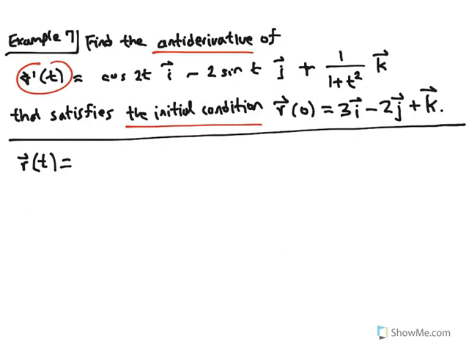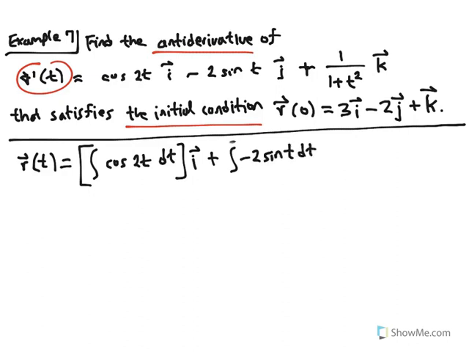So we need to integrate on a component by component basis. So we're going to integrate the i component. We're going to integrate the j component function. These are real valued functions. And then we're going to integrate the k component function.